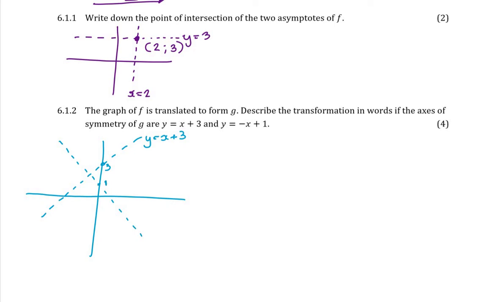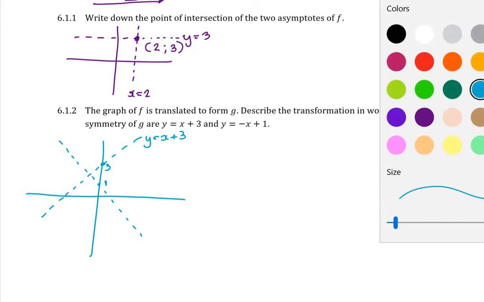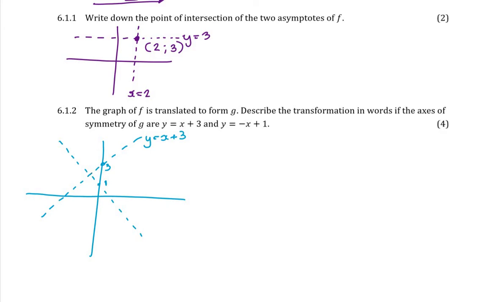Now, this is where it's really important to understand that the point of intersection of your two axes of symmetry always occurs where your asymptotes hit each other. So my point of intersection of my two axes of symmetry will tell me the asymptotes of this function g.